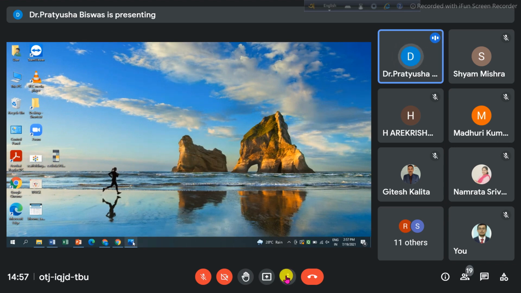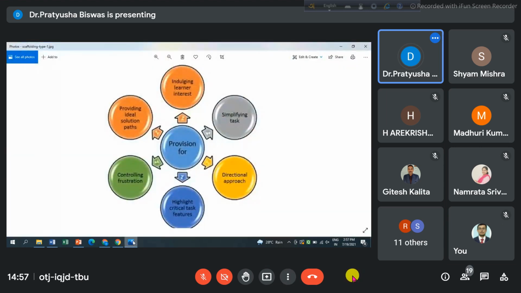Now, before we start the PPT, let me show you the diagram which actually justifies what scaffolding is in today's teaching curriculum. You can see that there are these small circles in which some rubrics have been mentioned.